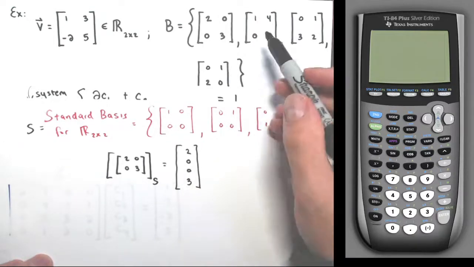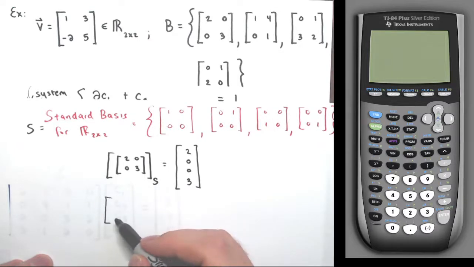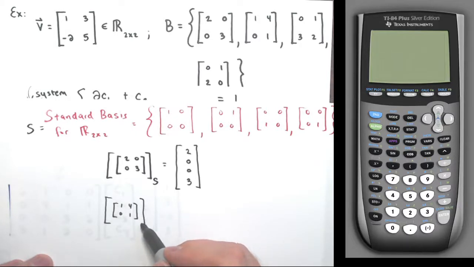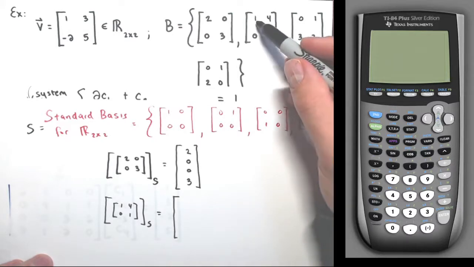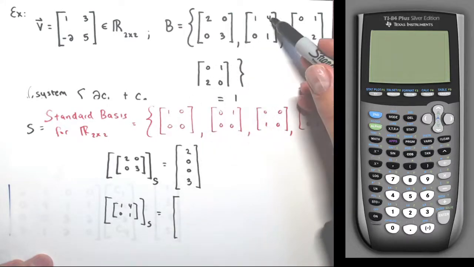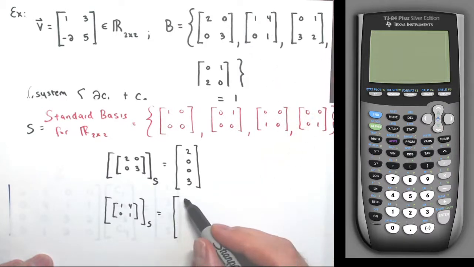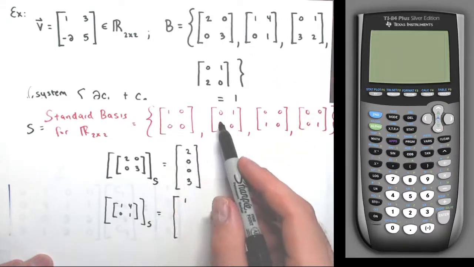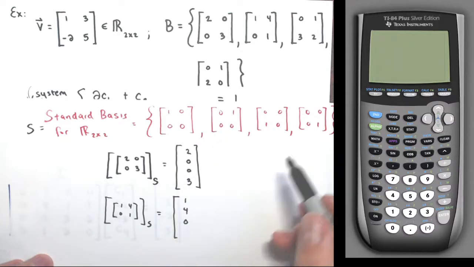And then look at this second vector from our basis B. The coordinate vector for 1, 4, 0, 1 with respect to the standard basis would be: I'd need 1 of this, 4 of this, 0 of this, and then 1 of this. So 1 of the first in the standard basis plus 4 of the second plus 0 of the third, and then plus 1 of the fourth.